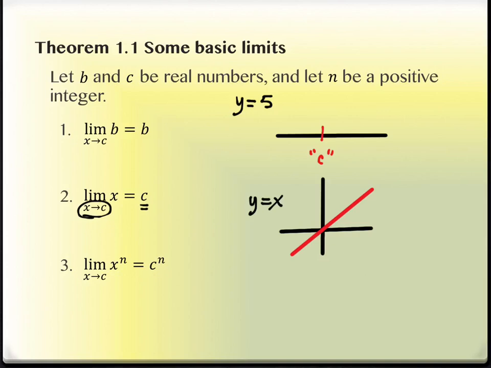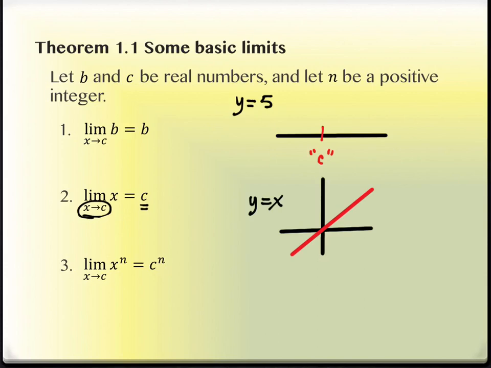The next one requires a bit more, and we'll talk more about it later, but suffices to say for the moment that the limit as x approaches c of x to the n is c to the n. And you might get the feeling of, are we just replacing x with c? And in very many ways of what we're going to be encountering, it feels like that's what's happening, right? The x value gets replaced by c, so x to the n becomes c to the n. So these are our three basic limit properties.